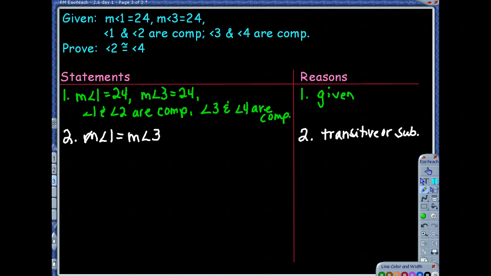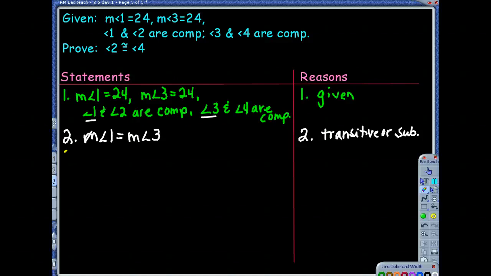All right. So now we've used this part of the given. And again, what Mrs. Hochgraby is thinking, she's noticing two sets of complementary angles. In the two sets, there's not the same angle, but she is noticing that angle 1 and angle 3, now we know they're equal. And if they're equal, then they're congruent.